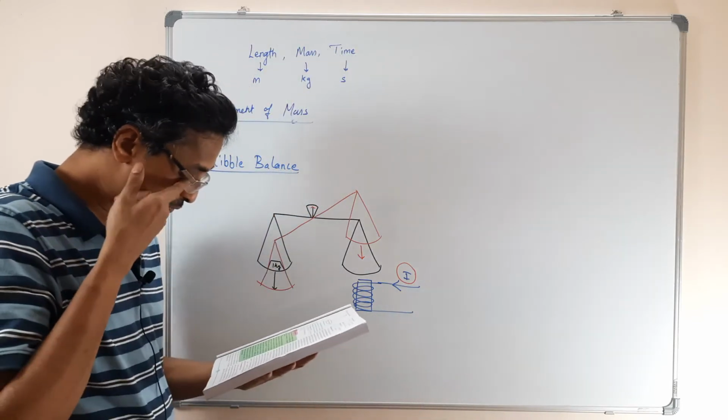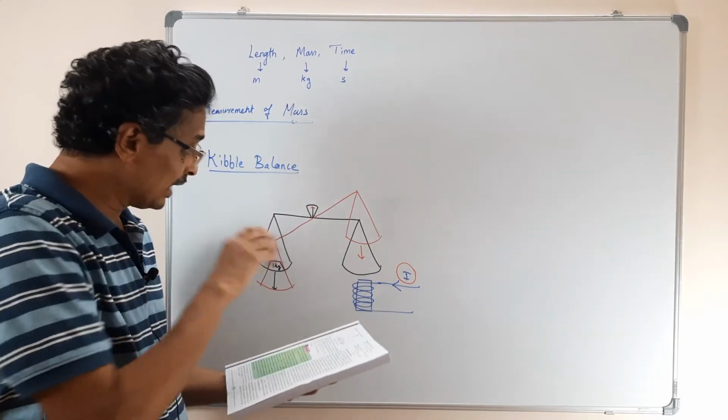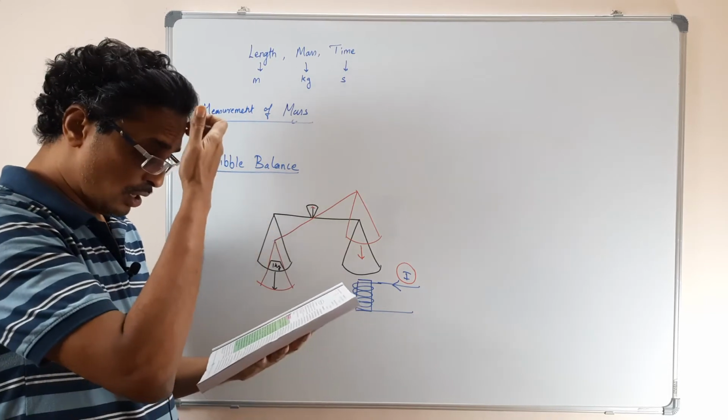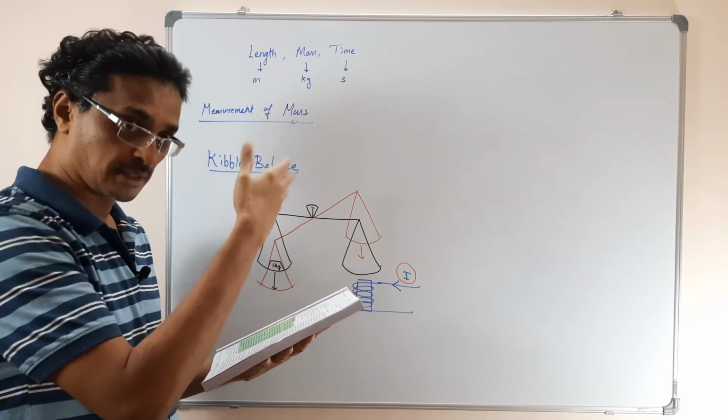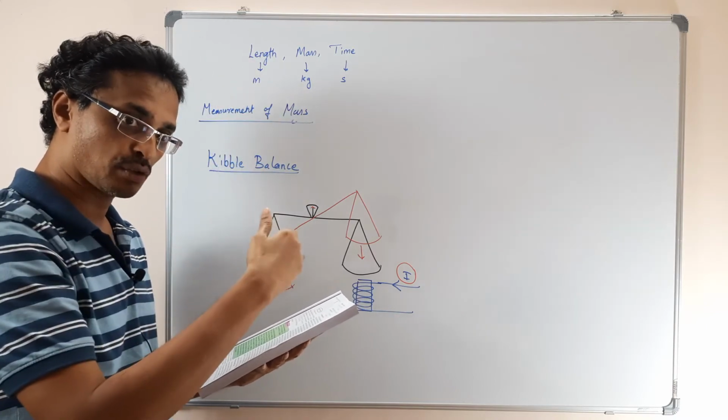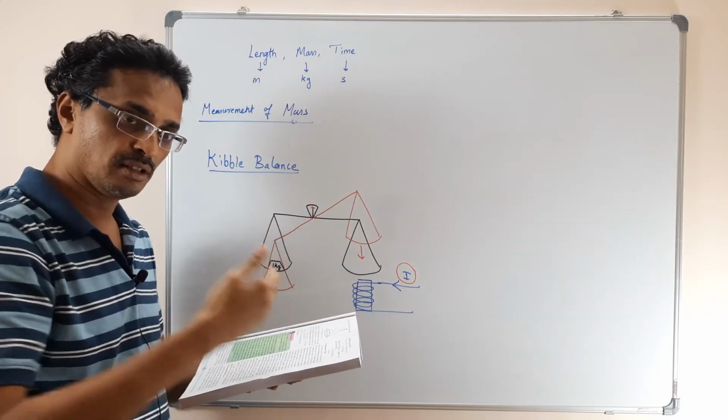Okay, so this is for the heavier masses. Similarly, you have very heavy masses, like the mass of Earth or the mass of a star.